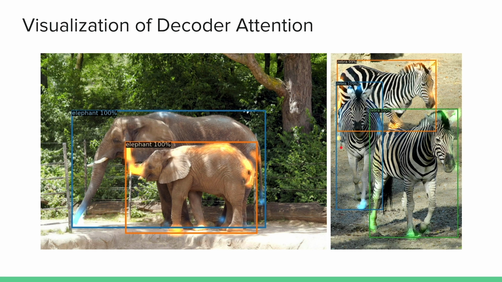So it could also belong to that blue zebra, but the network understood, okay, well, zebras don't look like this, that they have a small leg very far in the back here, but it actually belongs to that zebra. So I think that's a really interesting way of visualizing the attention that these layers learn and understand whether your model is doing something meaningful or not.